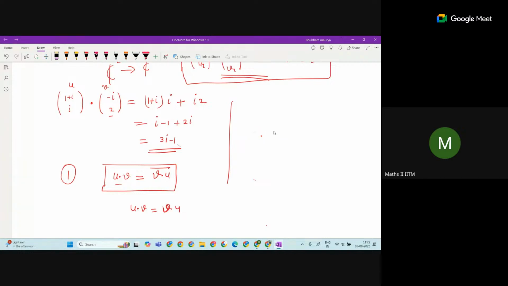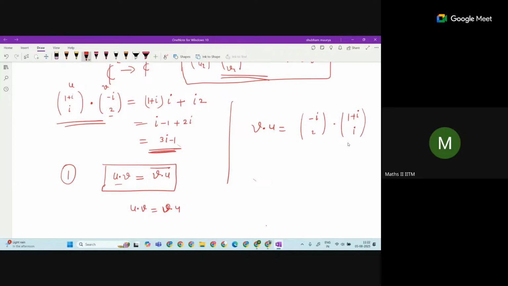Let's check it. We have already found u dot v. Let's find v dot u. Can anyone tell what it is going to be? Here v is this and u is 1 plus i, and this is i.